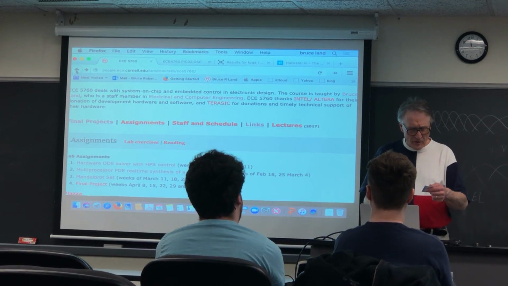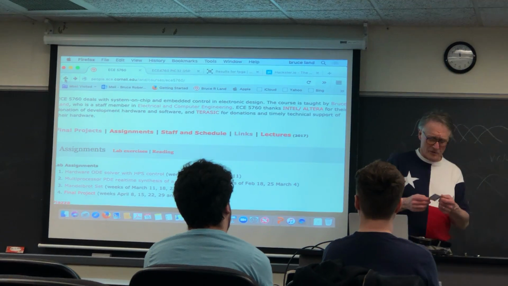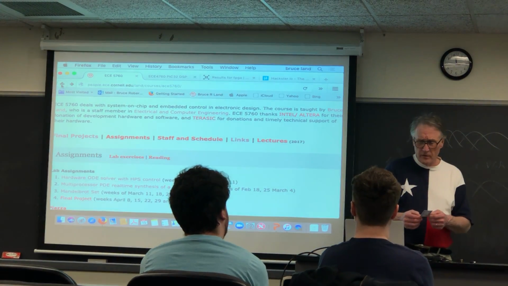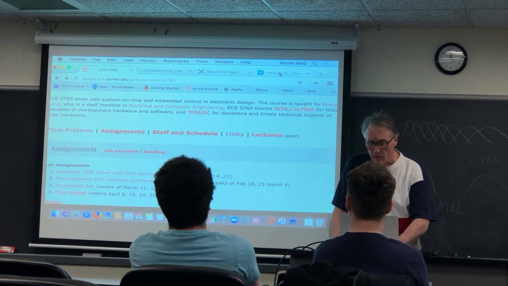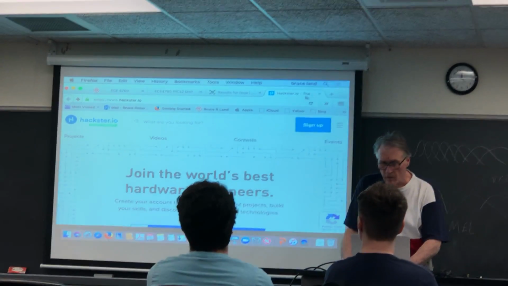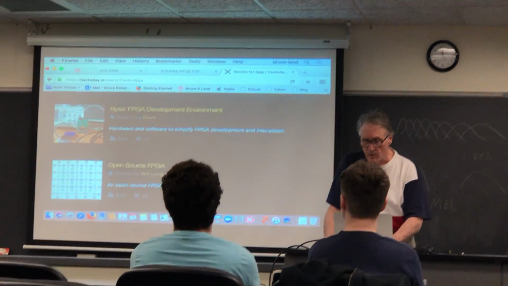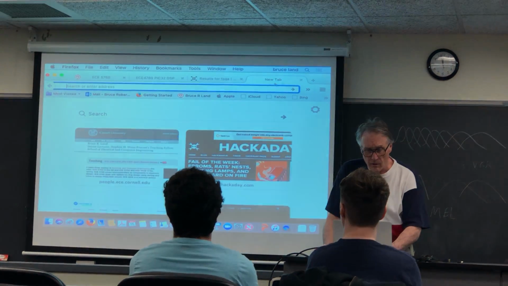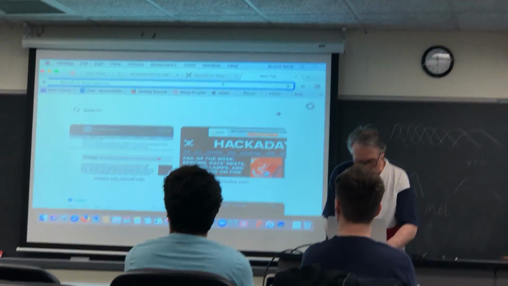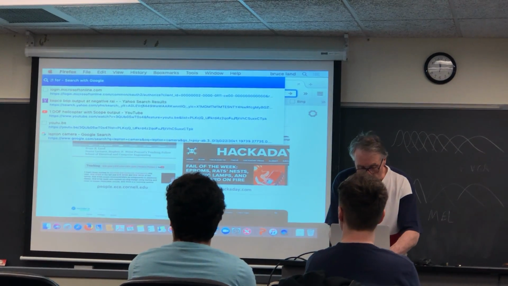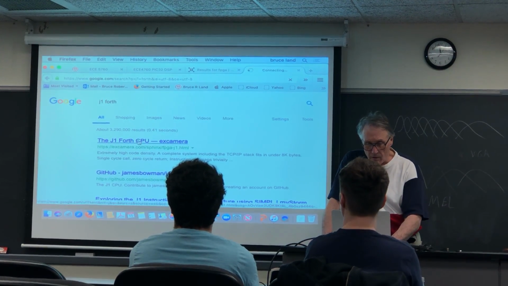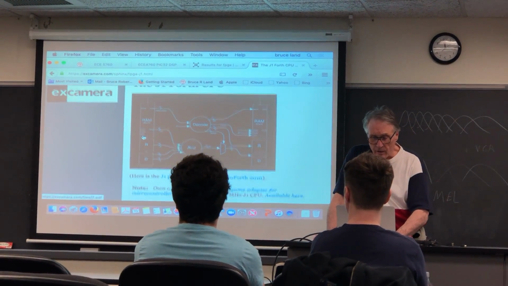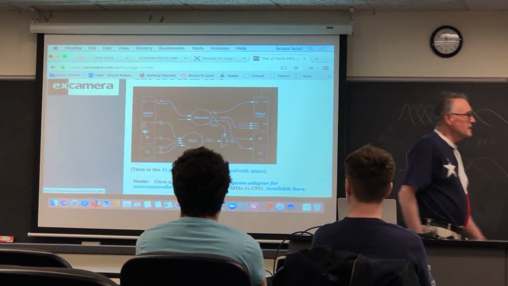There's very small CPUs that are out there if you really want to build small CPUs. There's one called J1, the J1 Forth CPU. This is written for a camera. It is an addressless CPU.